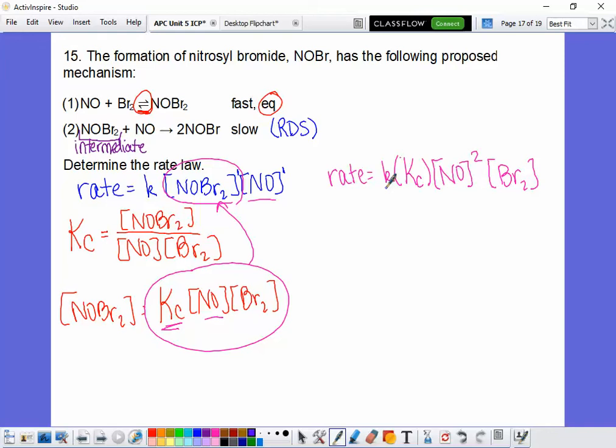Still a constant, right? It doesn't cancel out. Its value is different from either of the constants that we had, but it's still a constant, right? So we can call it, like K prime, not a derivative. It's just a representation that its value is different from the original rate constant and Kc.